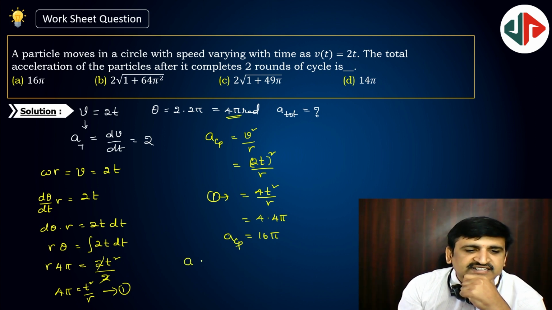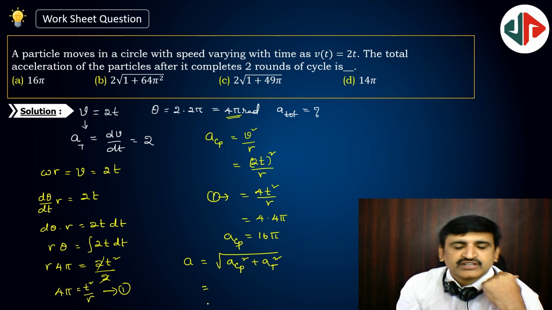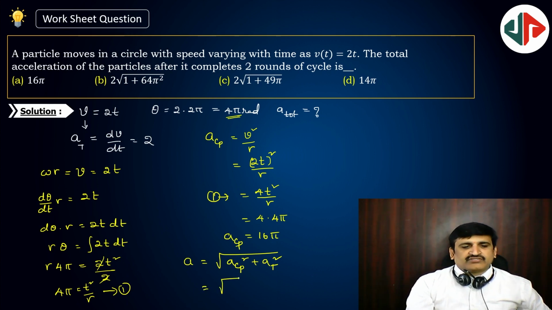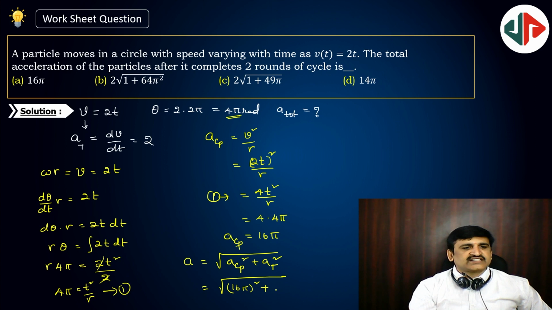Now net acceleration is equal to square root of centripetal acceleration square plus tangential acceleration square. So square root of centripetal acceleration square, 16 pi square, plus tangential acceleration square, 2 square. So A is equal to root over 16 square pi square plus 4. So 4 can be taken out.